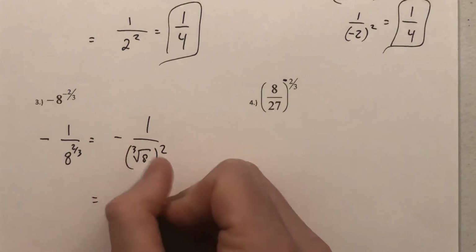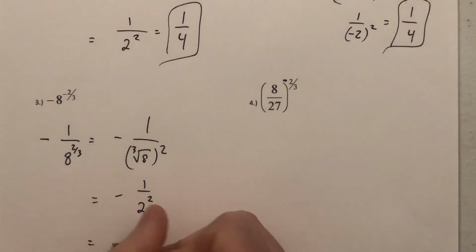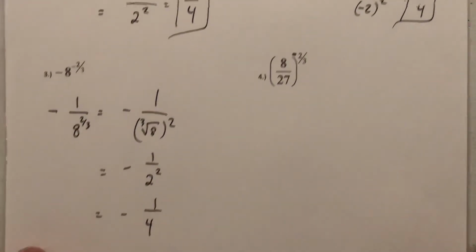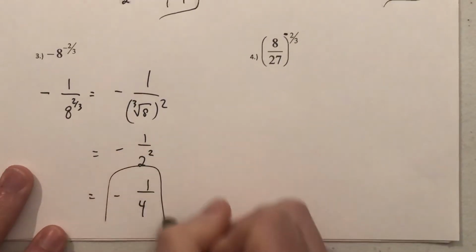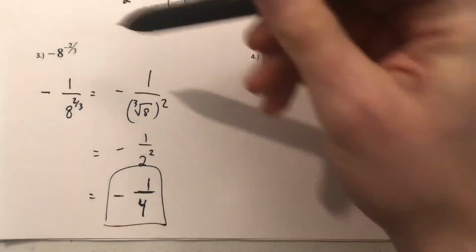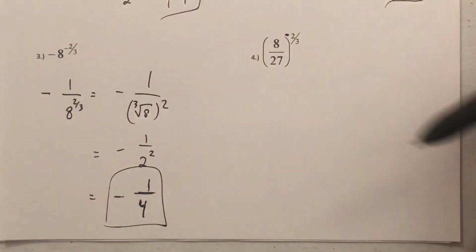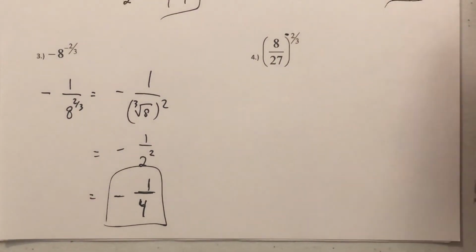Then take the cube root of 8 and get 2, and then square the 2 to get 4, and end up with a negative 1/4. And so notice the order of what things apply to, and how that negative stayed outside, does definitely impact what you are actually calculating and that final answer that you get.